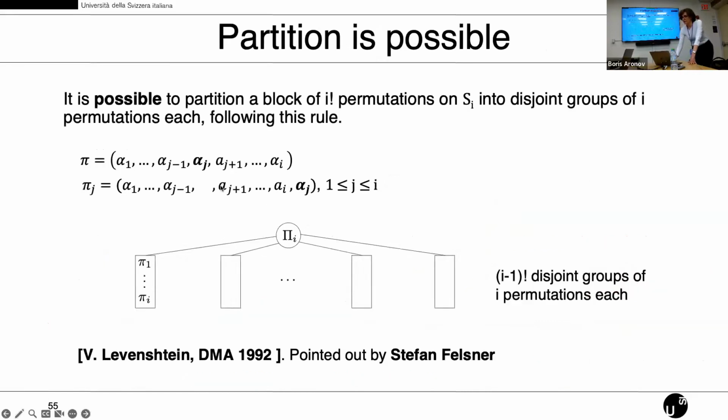What is missing here is that partitioning the permutations in this manner is possible. It's possible to partition a block of i factorial permutations into disjoint groups of i permutations each following this specific rule. This was shown by Levenshtein, but this was pointed out to us by Stefan.